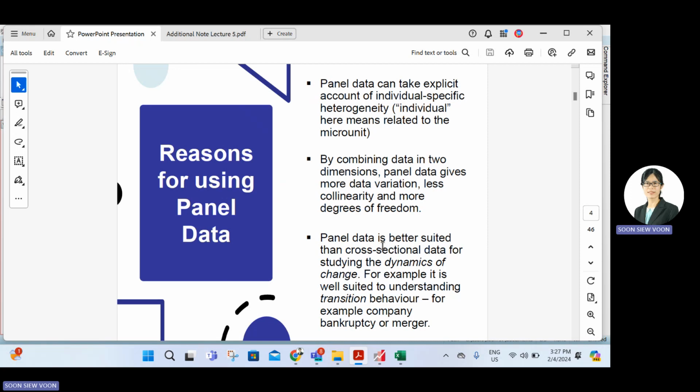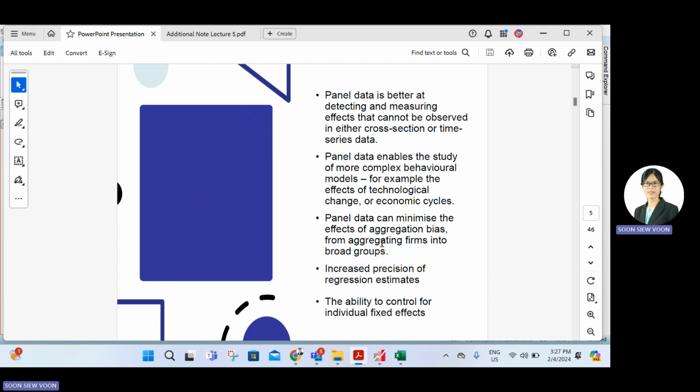This is one of the reasons why people move forward to panel. The panel is also good for detecting and measuring effects which cannot be captured by using cross-sectional or time series alone. So panel data enables the study of more complex behavior as compared to time series and cross-sectional data. Panel data also minimizes the effect of aggregation.